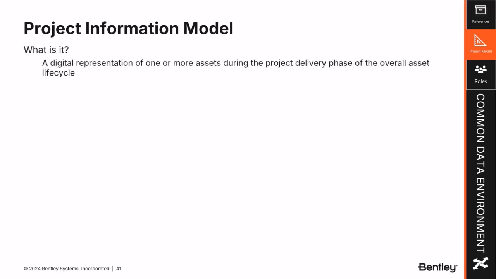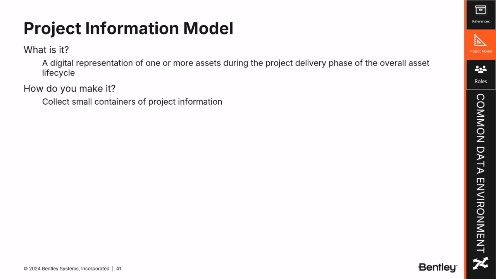Now, the project information model is just a digital representation of one or more assets during the project delivery phase of the overall asset lifecycle. The project information model may be presented in different manners depending on the purpose of the model. And how do you make it?